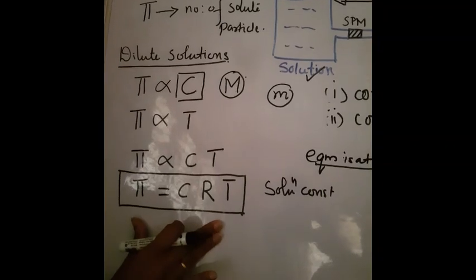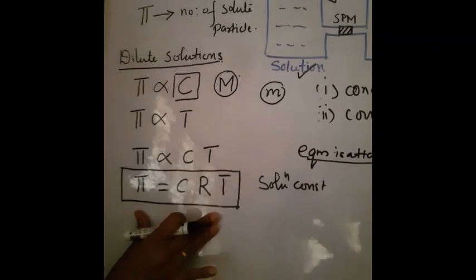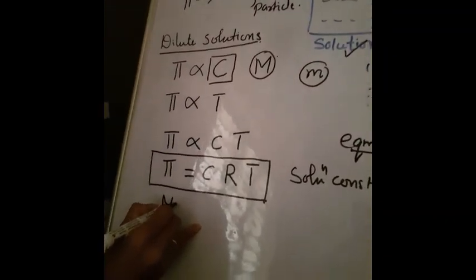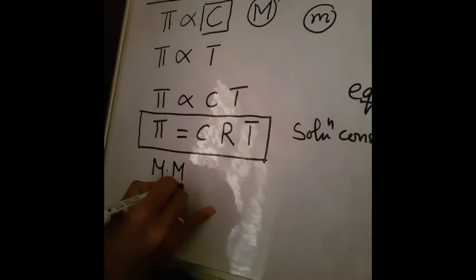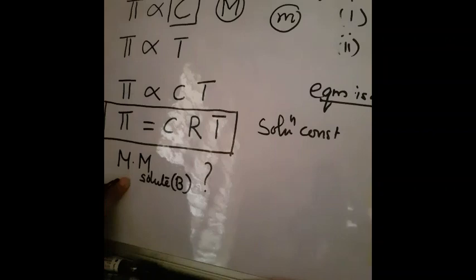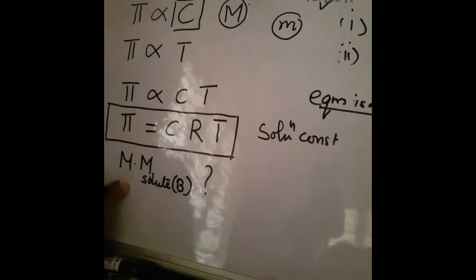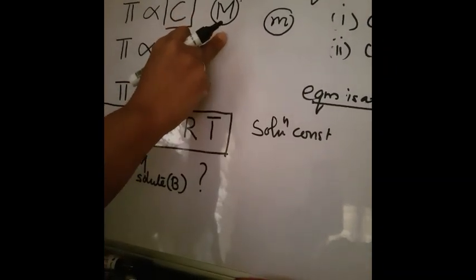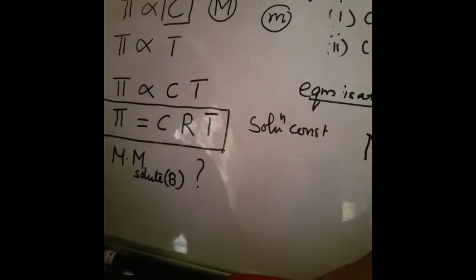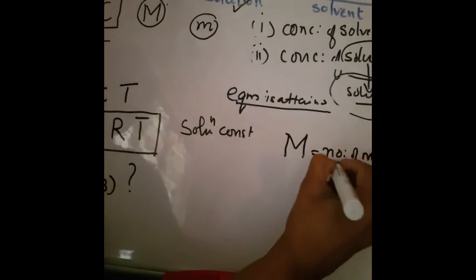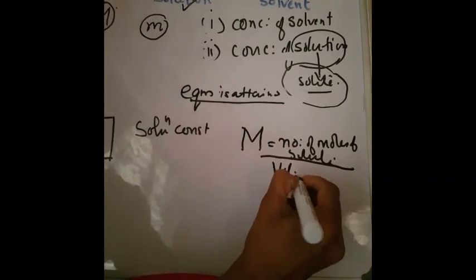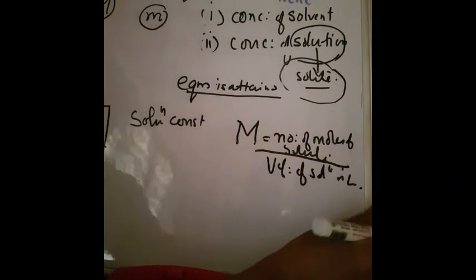Correct? Now, from this equation, how will you derive the equation for finding the molar mass? We are finding the molar mass of the solute, which you represent by B, right? Now, how will you calculate the molar mass of the solute? Going back to concentration, molarity is M is equal to number of moles of solute by volume of solution in liters, right?